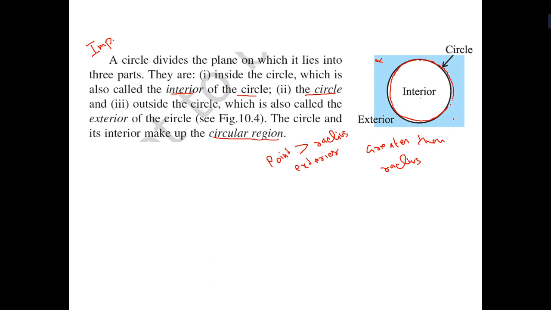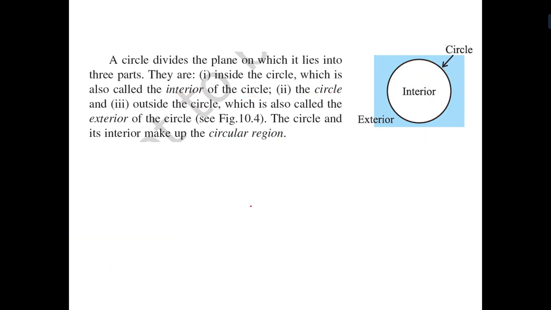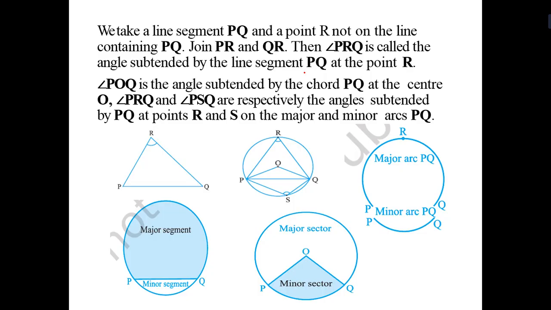So if points here are P, Q, and points at a distance less than the radius, they are interior. So here point A, here point B, they are interior. And points at a distance equal to the radius are on the circle. So these are related to the parts of a circle. These are all the definitions.